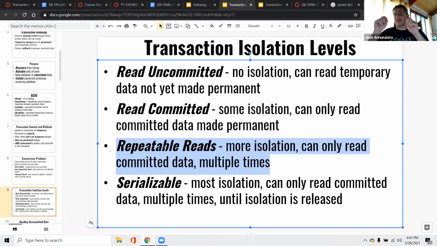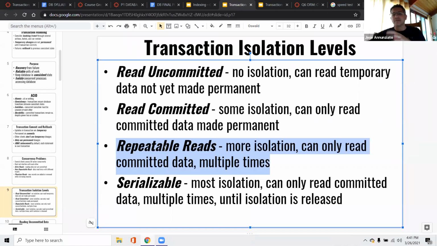So what it does is that it acquires locks. If you do a select statement on a single record, you acquire a lock on that row, so that if other folks try to write to the same record, they will not be allowed to write to that record.